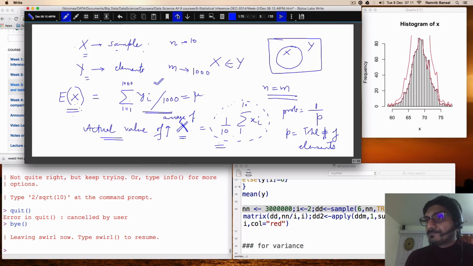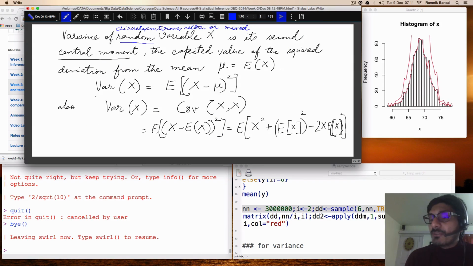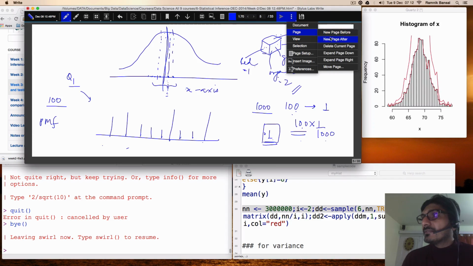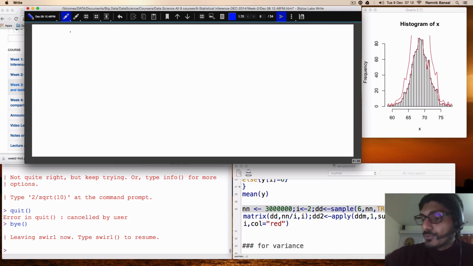Now coming back, what is my variance? My variance is the expected value of (x minus mu) the whole square, right? Let me come back to the original question.